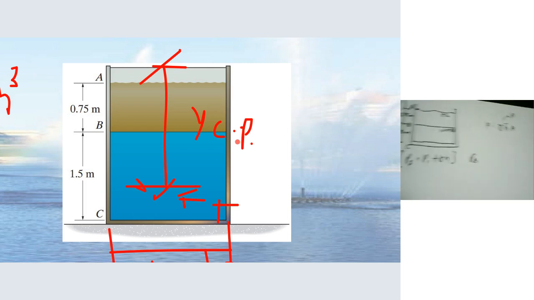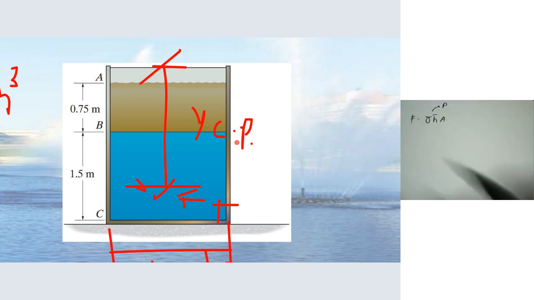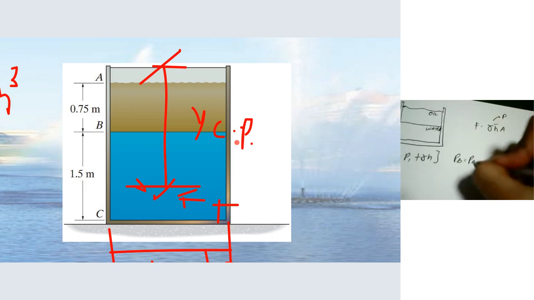So let's determine pressure B. Okay. So pressure B is equal to pressure at top, so pressure at A, plus gamma h.